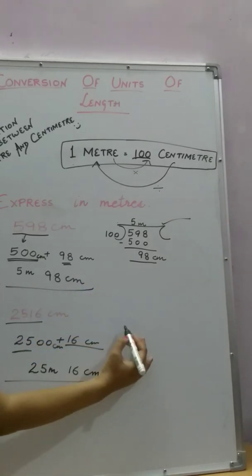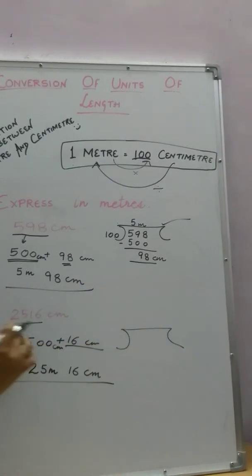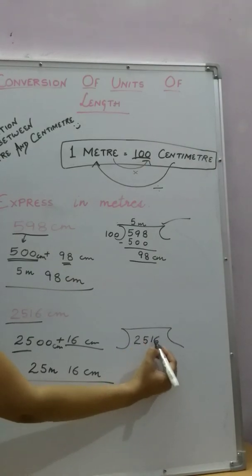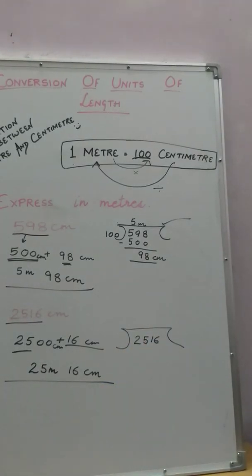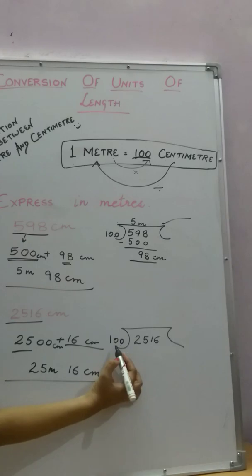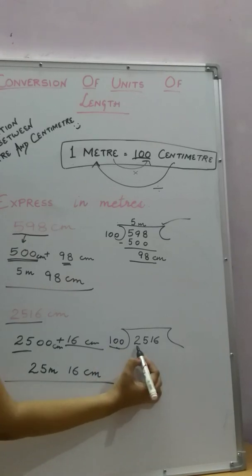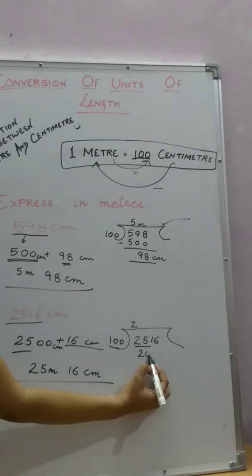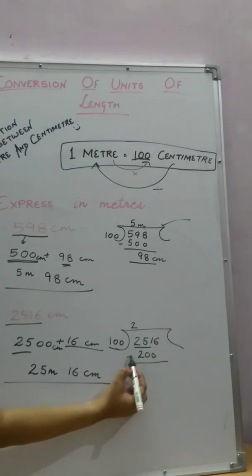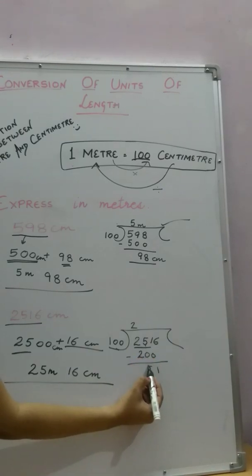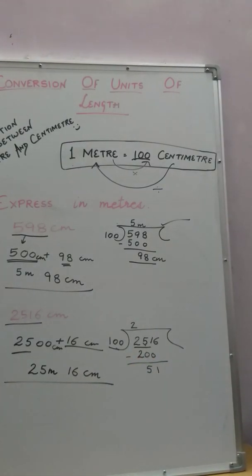You can divide also like this. We can solve 2516 and this we have to divide by 100. So 100 twos are 200. Now here we will write 1, then this one 5.